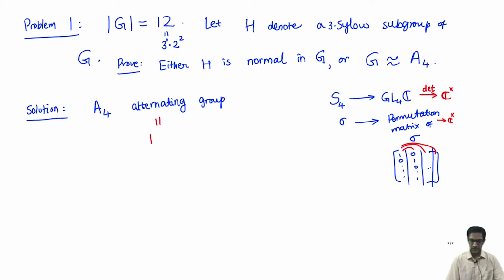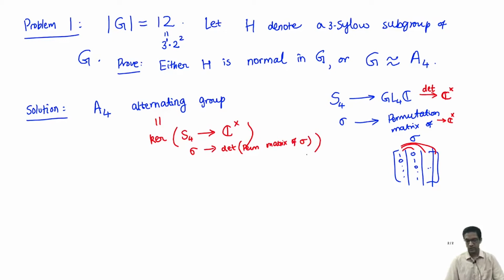Here's one way of defining it: it is the kernel of the homomorphism from S4 to the multiplicative group of non-zero complex numbers, where each sigma maps to the determinant of the permutation matrix of sigma. The identity in this group is the number 1, so what we are saying is it's all permutations whose permutation matrix has determinant +1. Of course this is one way of defining it.